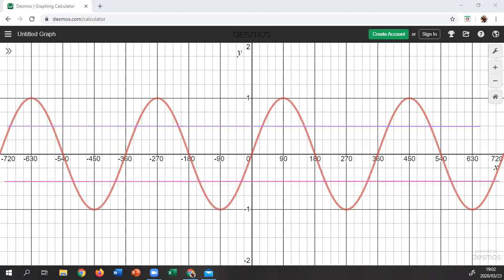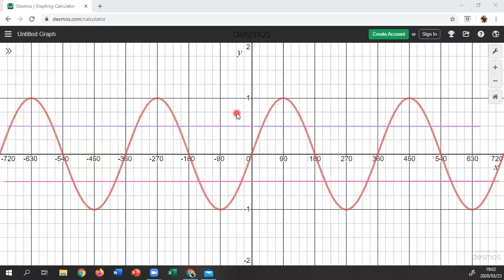What I want us to notice is that for different x values, we get the same ratio. Here, I'm just working on an interval of minus 720 to 720. That's my domain. You can see the sine graph oscillates between -1 and 1. That's another important fact that we must know regarding general solutions.